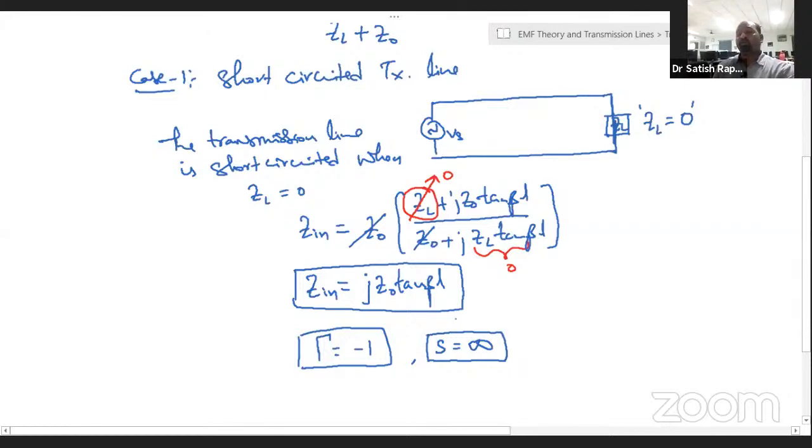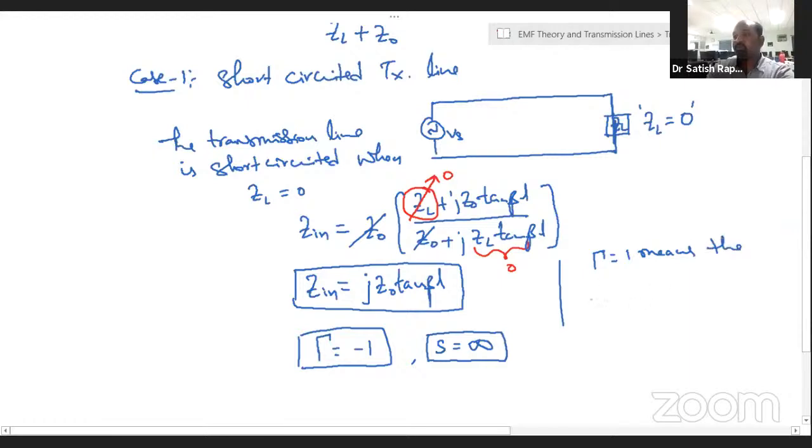The magnitude of the reflection coefficient is 1 in the sense that the entire wave is reflected back. Because the transmission line is short circuited, the entire wave reflects back.